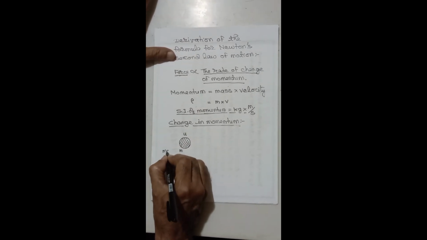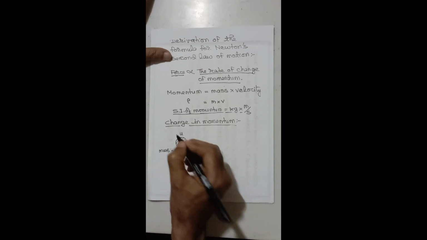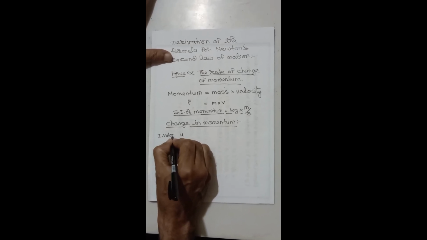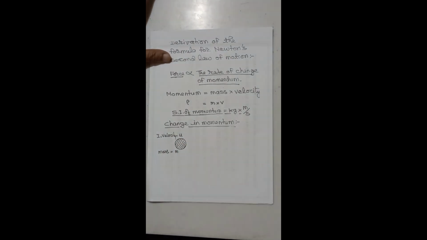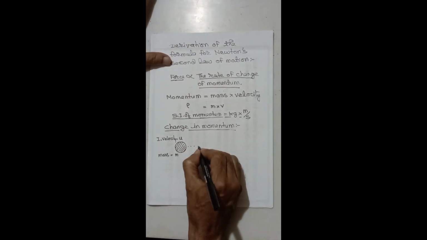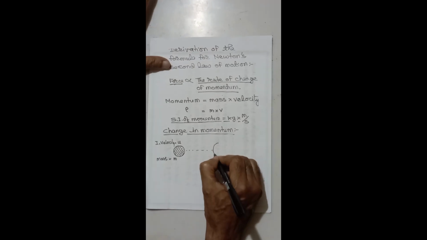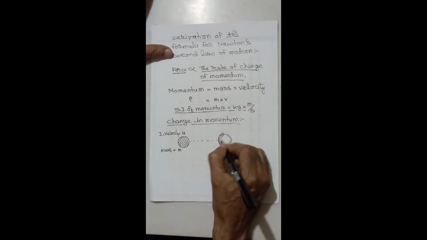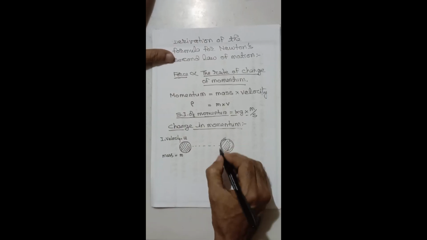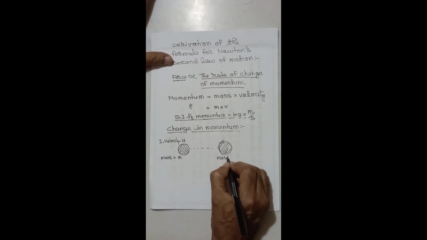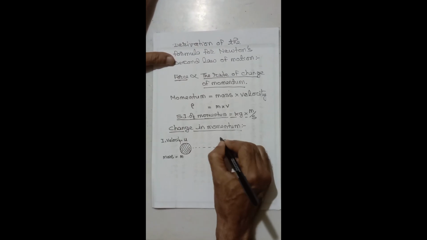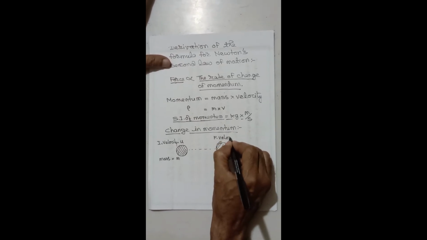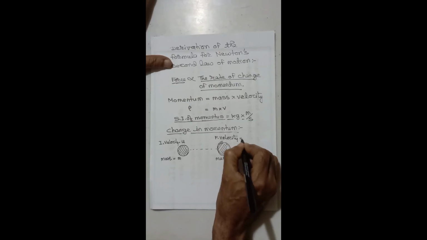Mass is equal to m, initial velocity is equal to u, and suppose it is moving, and here the same body, mass is equal to m, and final velocity is equal to v.